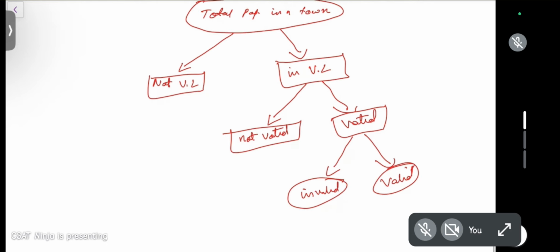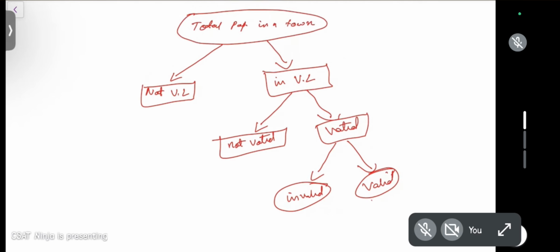And from these valid votes, this is one candidate and this is another candidate, and this candidate will get some votes and this candidate will get some votes. So the core concept is this: total population in a town, and there will be some people who will not be in the voters list, and some people in the voters list.